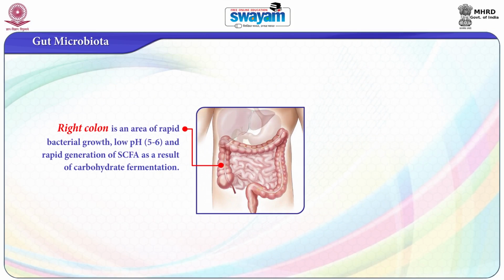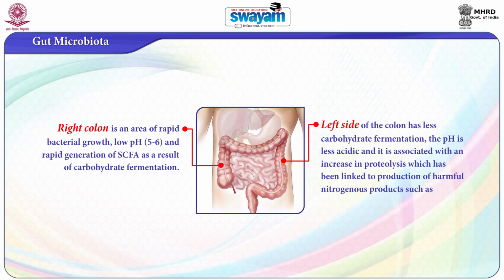The right colon is an area of rapid bacterial growth, low pH ranging between 5 to 6 and rapid generation of short chain fatty acids as a result of carbohydrate fermentation.